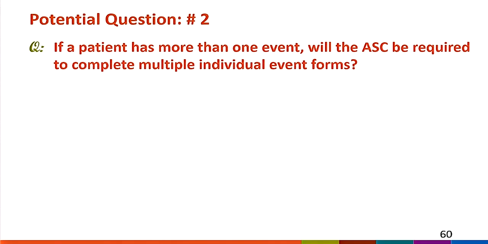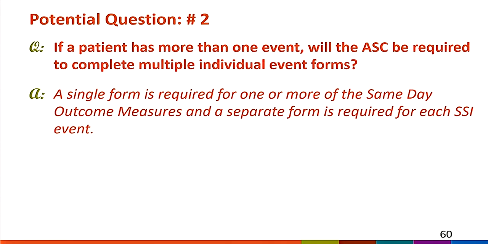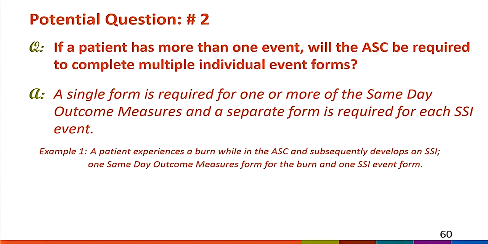Question 2, if a patient has more than one event, will the ASC be required to complete multiple individual event forms? A single form is required for one or more of the same-day outcome measures, and a separate form is required for each SSI event. And a couple of examples. A patient experiences a burn while in the ASC and subsequently develops an SSI.